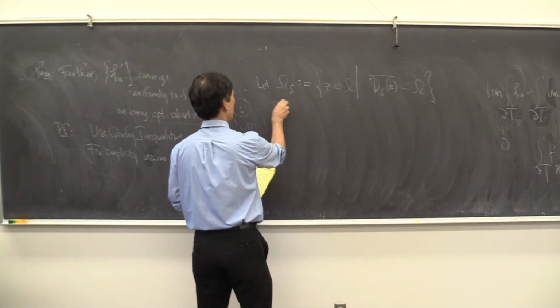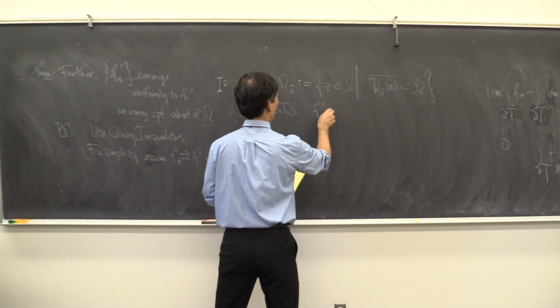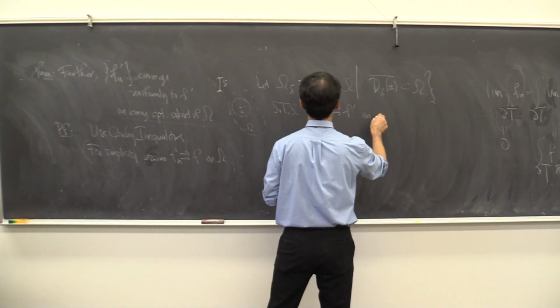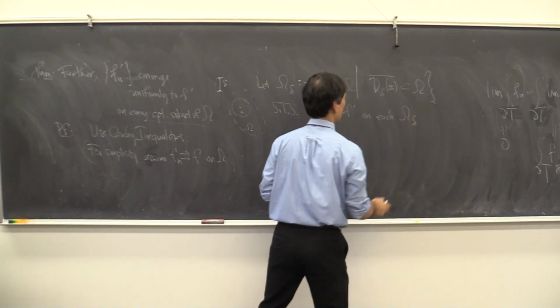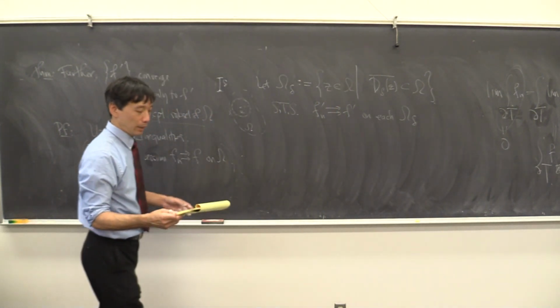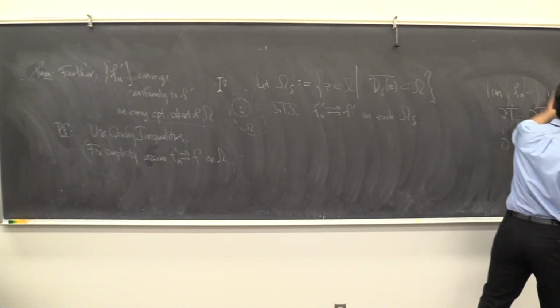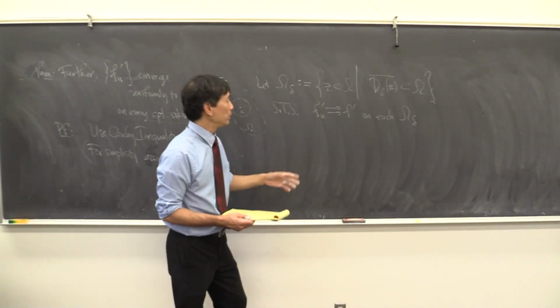So it suffices to show that Fn prime converges to F prime, that we have uniform convergence on each of these sets. And this we can do just by using Cauchy inequalities. So how?